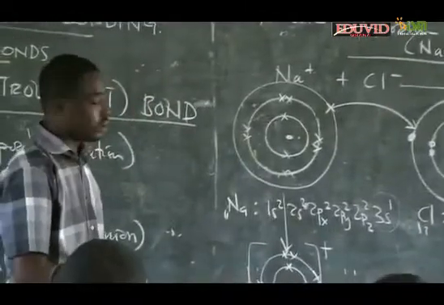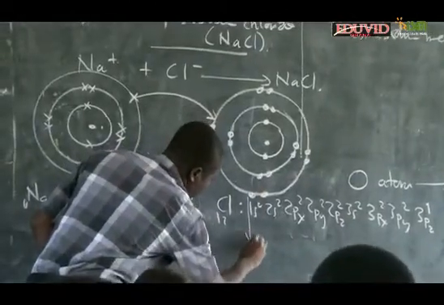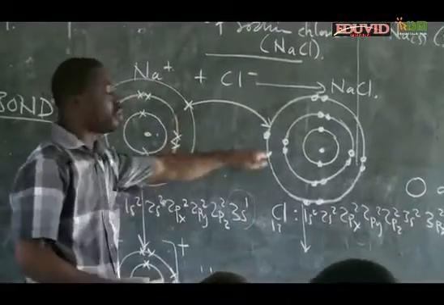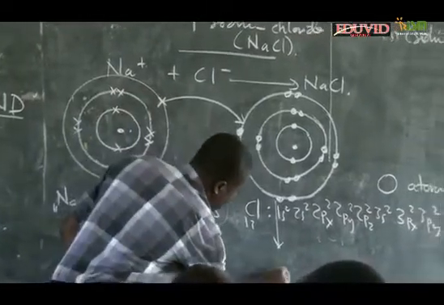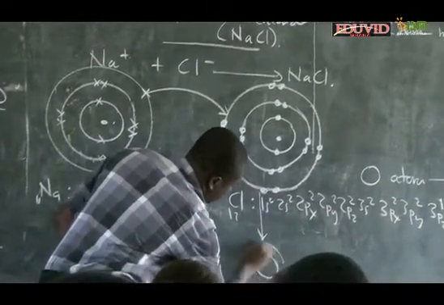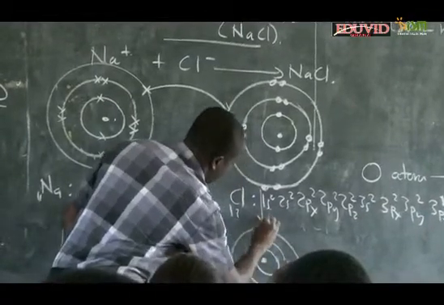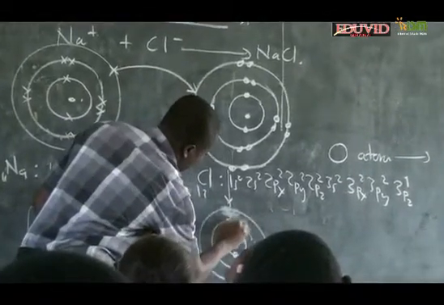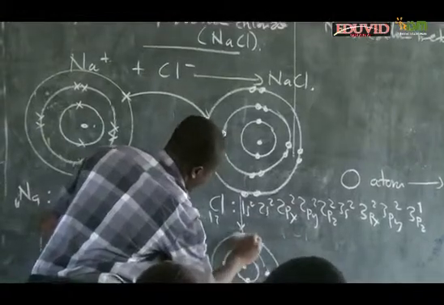Then when we come to the chlorine, for example, this has increased its electron number because this electron will be lost to the chlorine. So this will become nucleus, first shell, second shell, and then we have the third shell. So this will be 2, this will be 8, and this also will be 8.